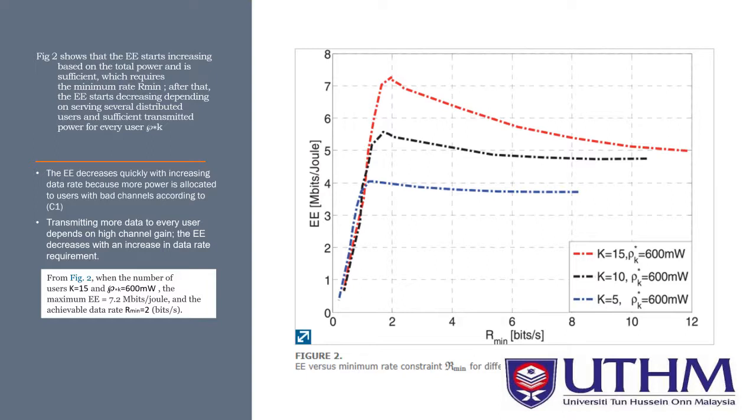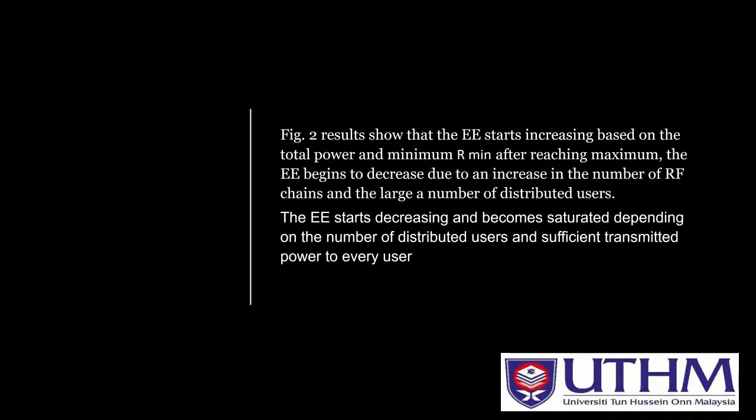The EE decreases quickly with increasing data rate because more power is allocated to users with bad channels, and transmitting power to every user depends on high channel gain, so the EE decreases with an increase in data rate requirement. Okay, next.